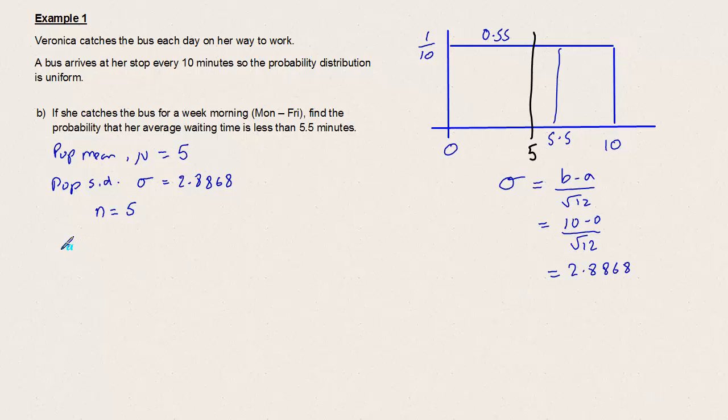So the sample mean, as discussed, will always be equal to the population mean. The sample standard deviation is going to be the population standard deviation divided by the square root of n, which in this case is 5.